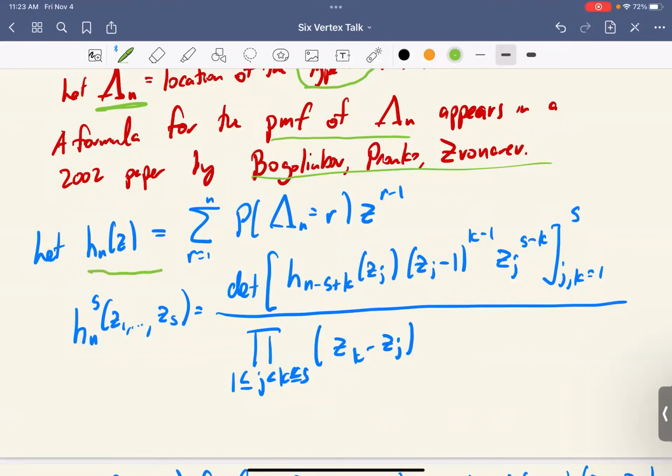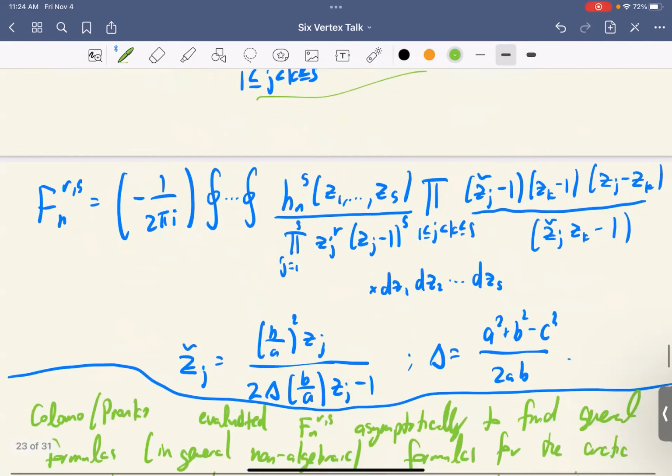So I write down a probability generating function for the lambda n. And then here's a complicated function of S variables, which is a determinant of that generating function with some other factors divided by a Vandermonde.